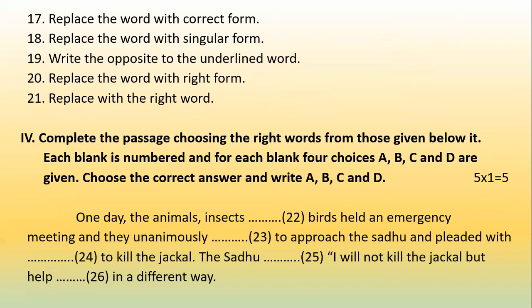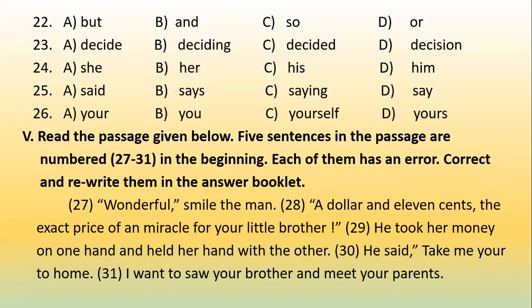To approach the sadhu and pleaded with, let us see the options: she, her, his, him. So pleaded him. Pleaded she is wrong. Pleaded her is wrong. So pleaded him.